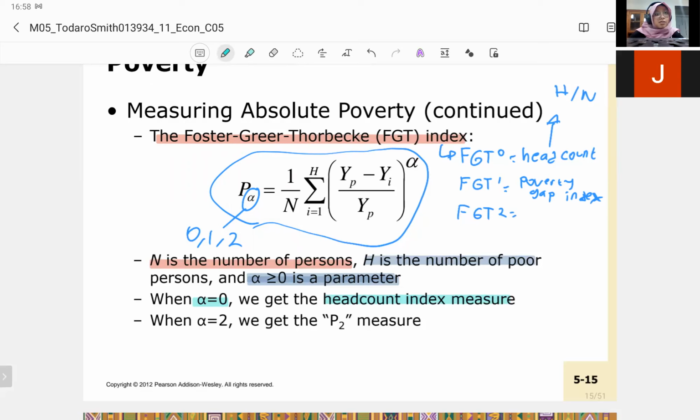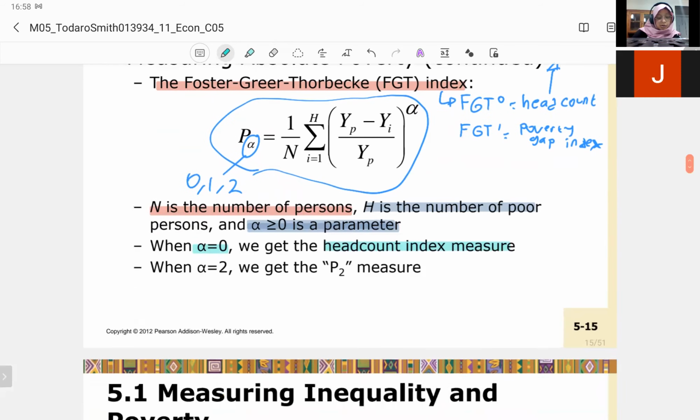So the FGT2, the most common FGT specific index in development economics is the FGT2 version, which is the lowest parameter to weigh income inequality along with poverty. So if you want to examine deeper the inequality in the poor community, then you use FGT2.